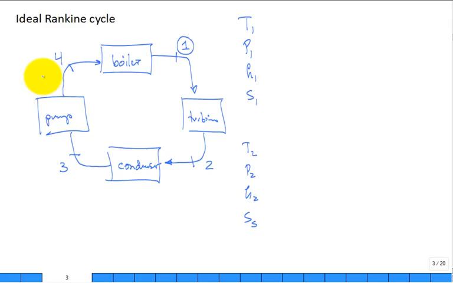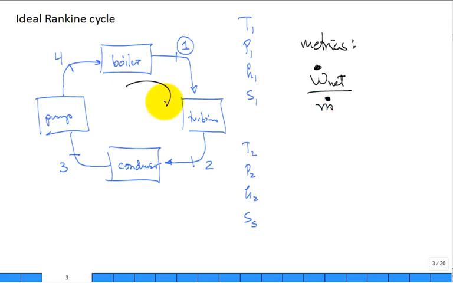Okay. What we're very much interested in is calculating some sort of metrics for how the system operates. The 3 metrics that are important are how much work net is produced by the cycle, or you can think of the power developed, net power out of the cycle, per mass flow rate of the fluid going through each of the components in a loop.